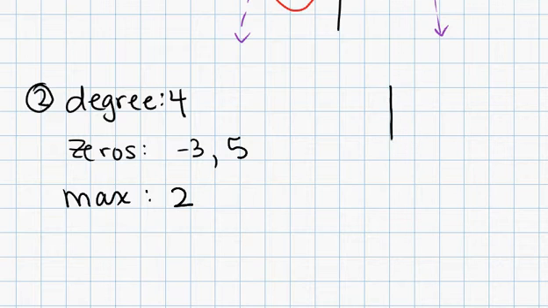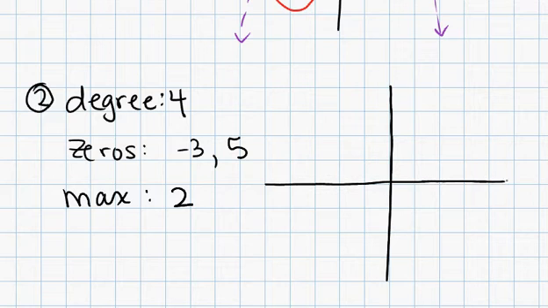So again, we need some axes. I will again count by twos. We will plot a 0 at -3 and a second 0 at 5.